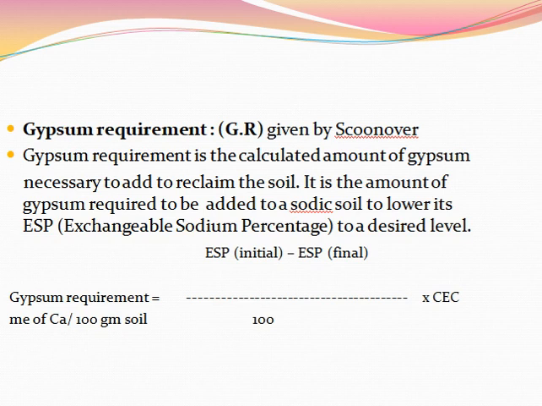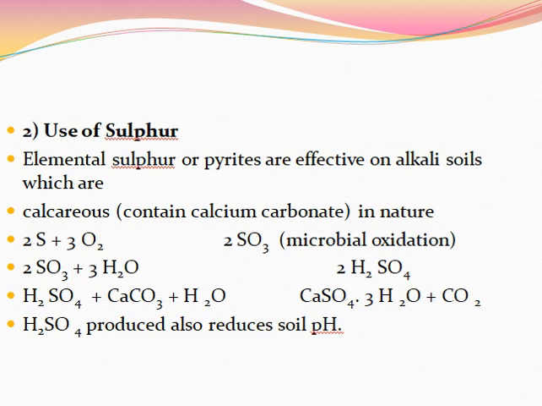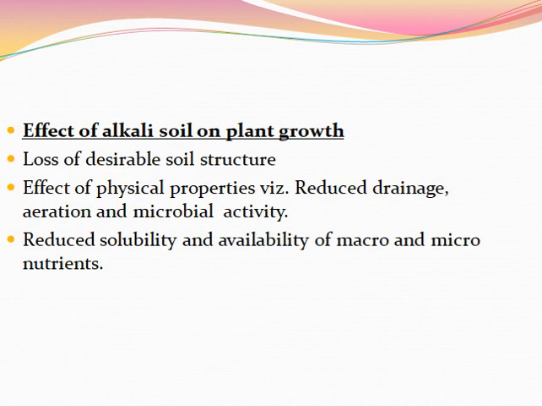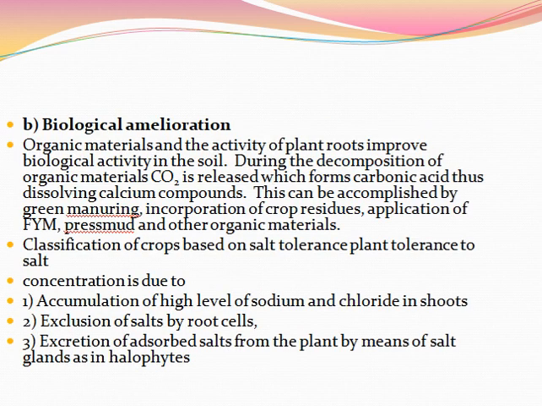Okay, that is all about the use of gypsum. What is the use of sulfur? Elemental sulfur or iron pyrites is added to reclaim sodic soil. Then, what is the biological method of reclamation of alkali soil? Organic matter decomposers like Trichoderma viride are used for decomposition, which releases certain organic acids and lowers the pH of sodic soil.